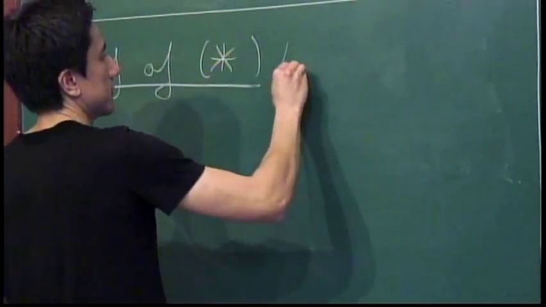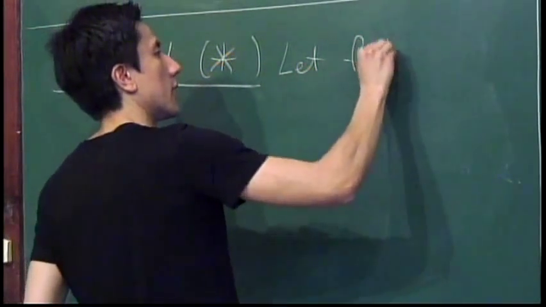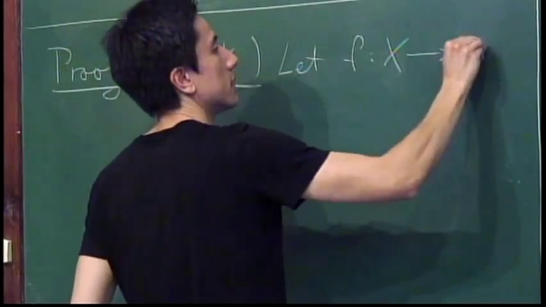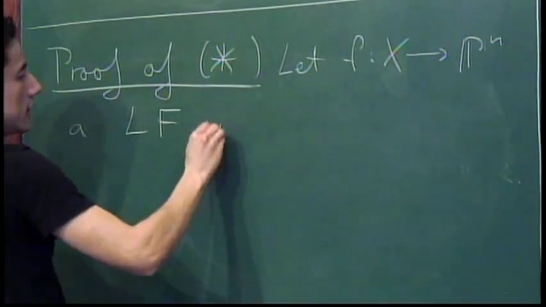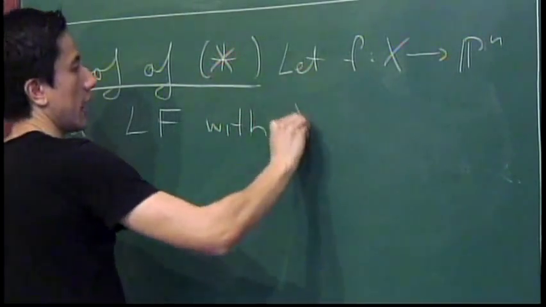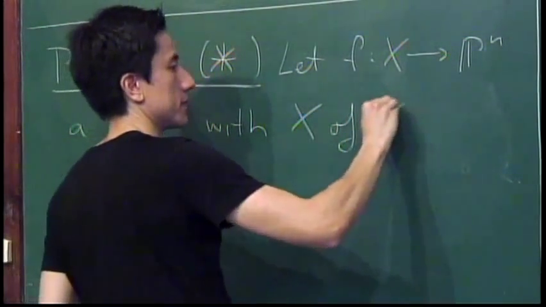Okay, let X to P^n be a Lagrangian fibration with X of K3^[n] type.